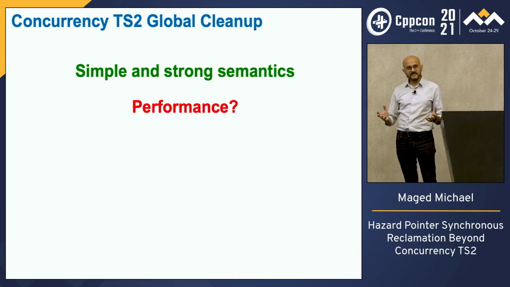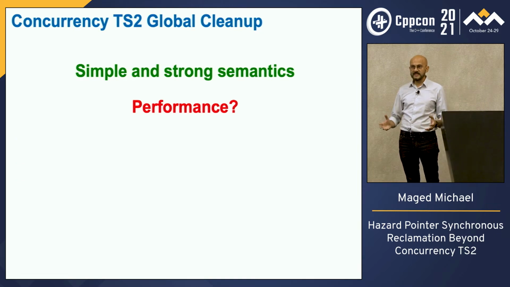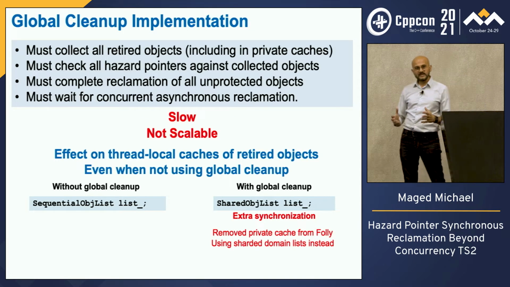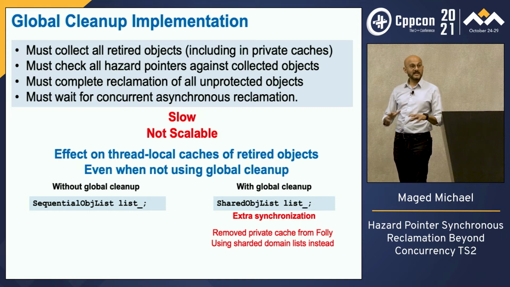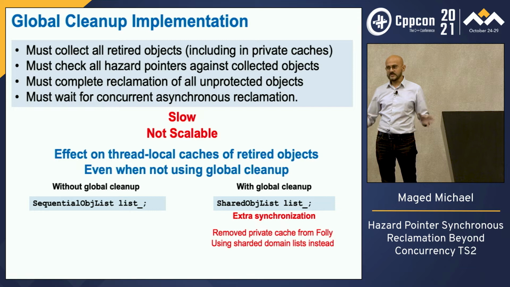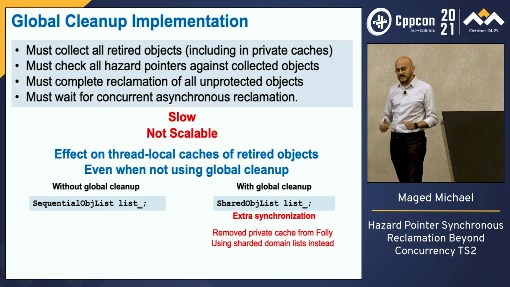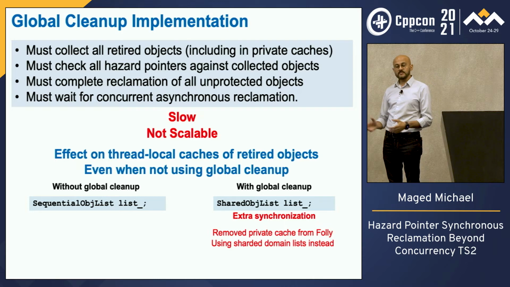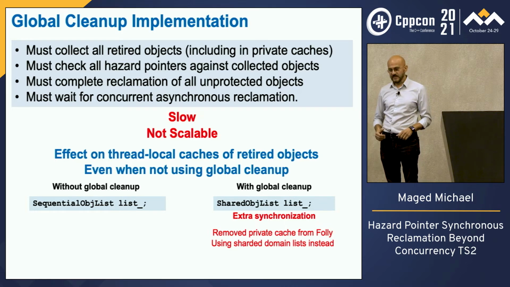So as I said, it has simple, strong semantics, but does it perform well? Let's look at what it entails to do this global cleanup. It's guaranteeing cleanup of all the objects that were retired. So it must collect all retired objects, including private caches. That's some overhead already.